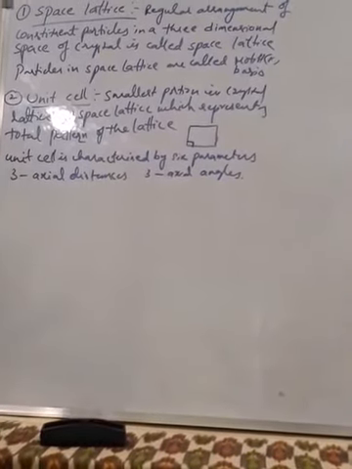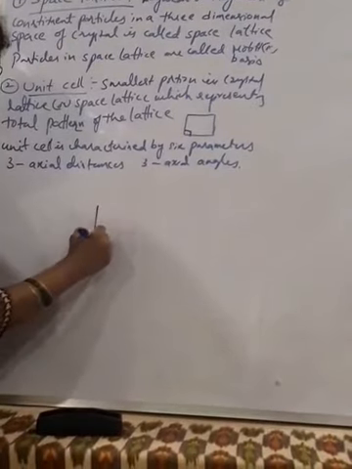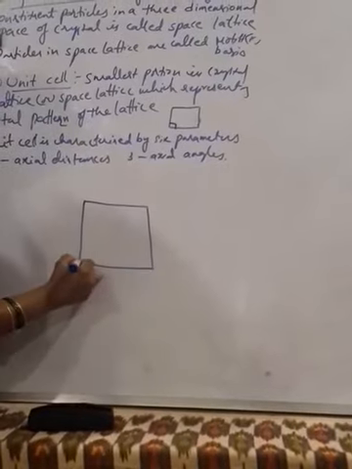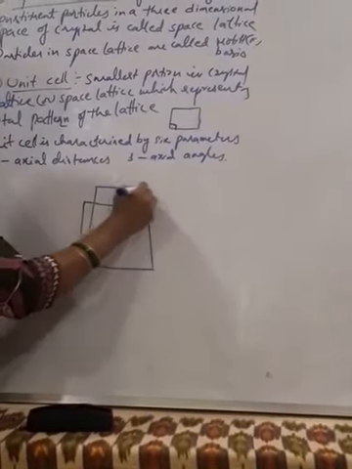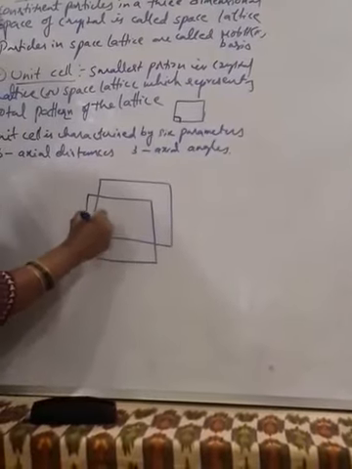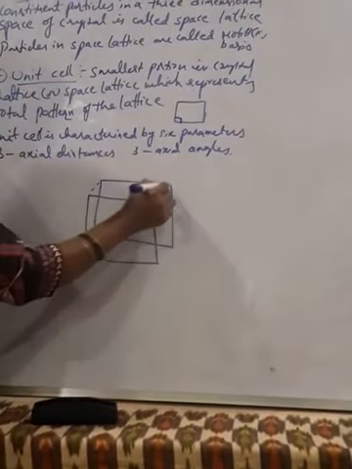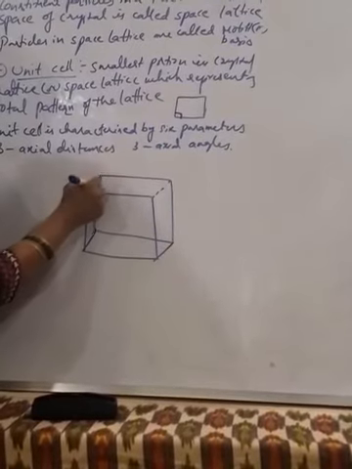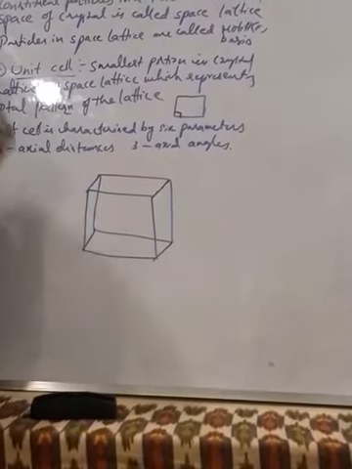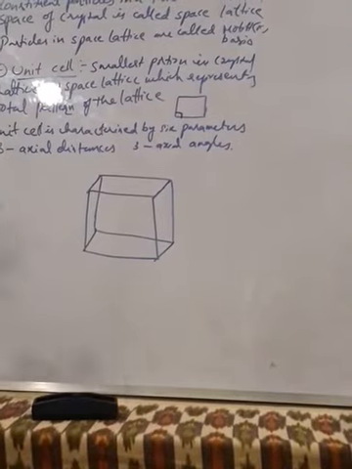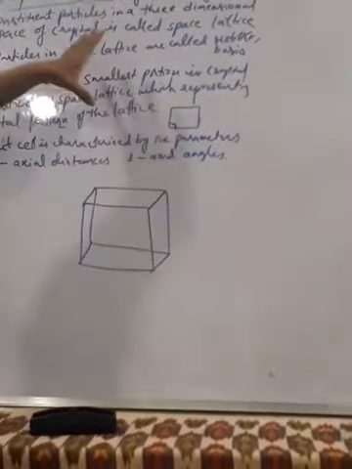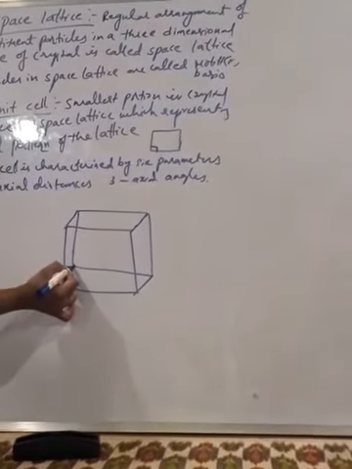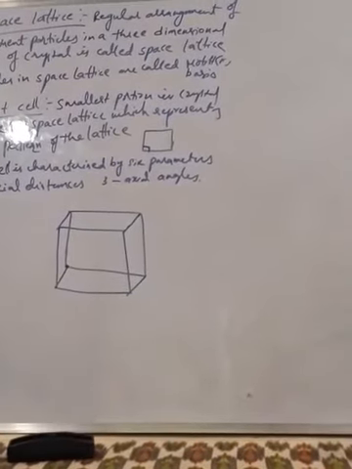So for example, this is a unit cell. Okay. So this is the smallest portion which is present in the space lattice. If we take this point, okay.